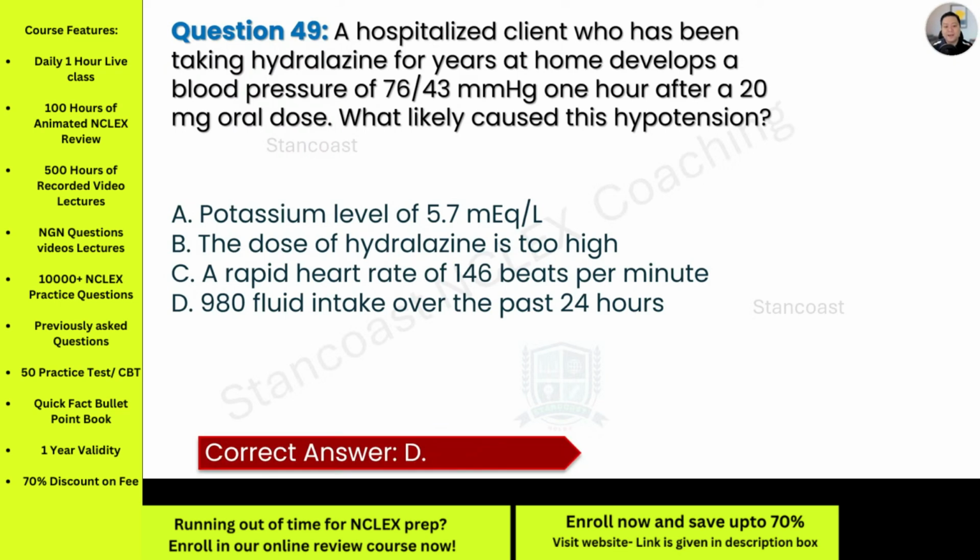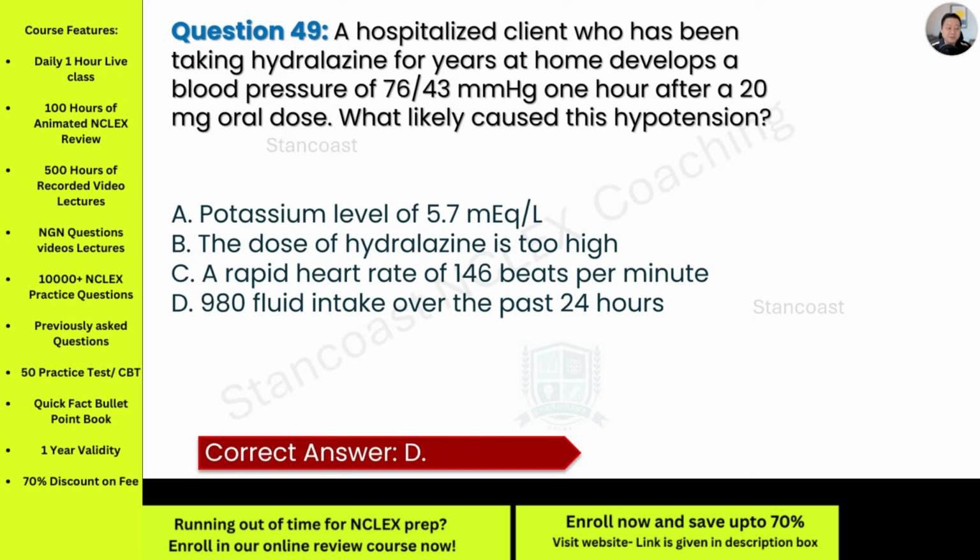You have to recall that hydralazine is a vasodilator. It will reduce the blood pressure. And so, noting the 980 mLs intake of fluid in an entire 24-hour period is already considered dehydration. It's going to decrease the circulating volume, it can lower the preload, and it will exacerbate the hypotensive effect.